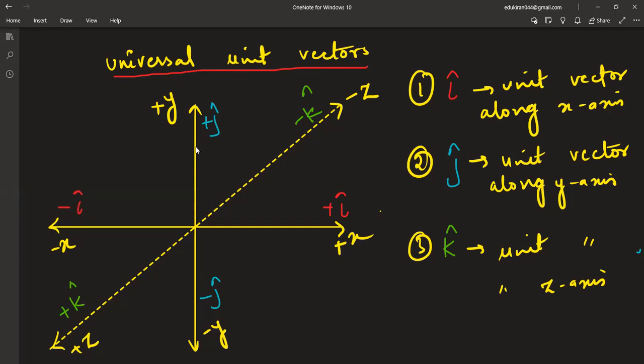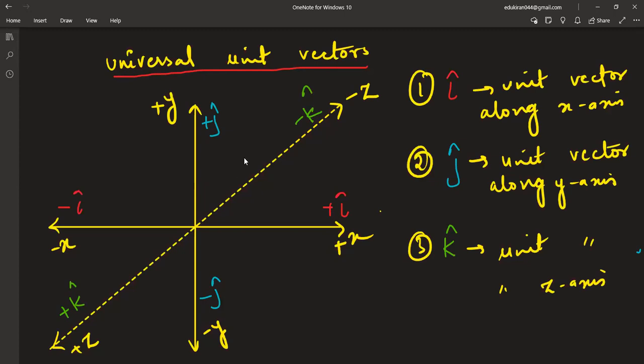For the y-axis, we have j cap. J cap is the unit vector along the y-axis. So for the positive y-axis, we have plus j cap, and for the negative y-axis, minus j cap. Then k cap is used as the unit vector for the z-axis. For the positive z-axis, we have plus k cap, and for the negative z-axis, minus k cap.